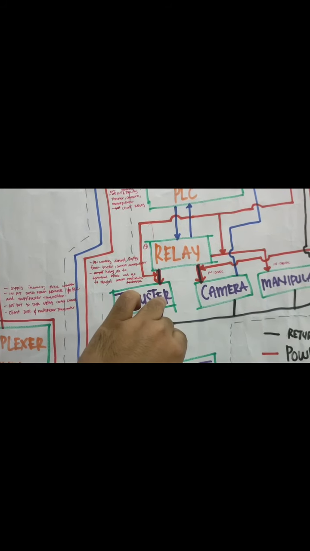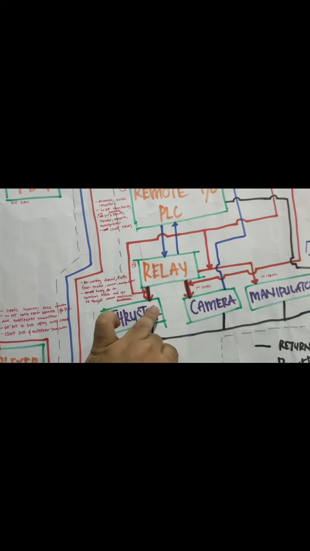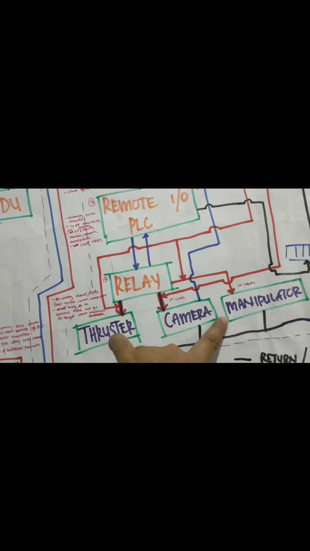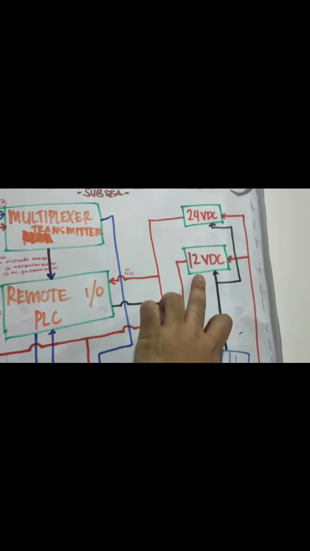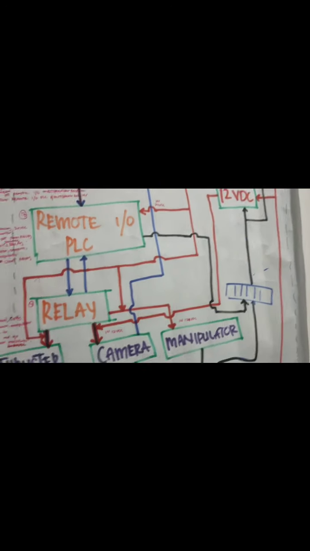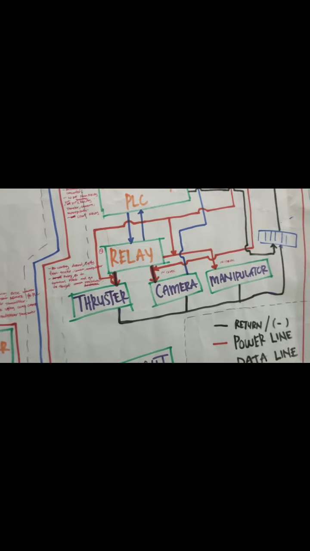For the thruster, camera, and manipulator, the input is from the relay, and the supply is from the 24 volt DC here. That's all for the subsea equipment. I think that's all for this assignment. Thank you.